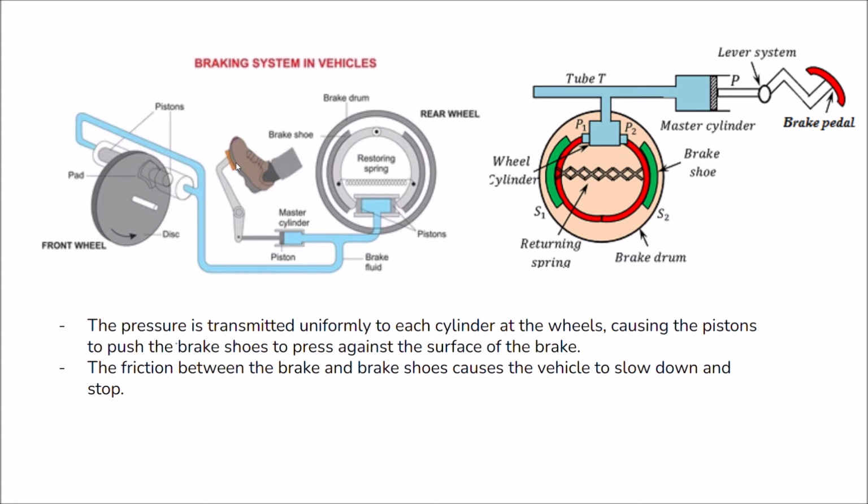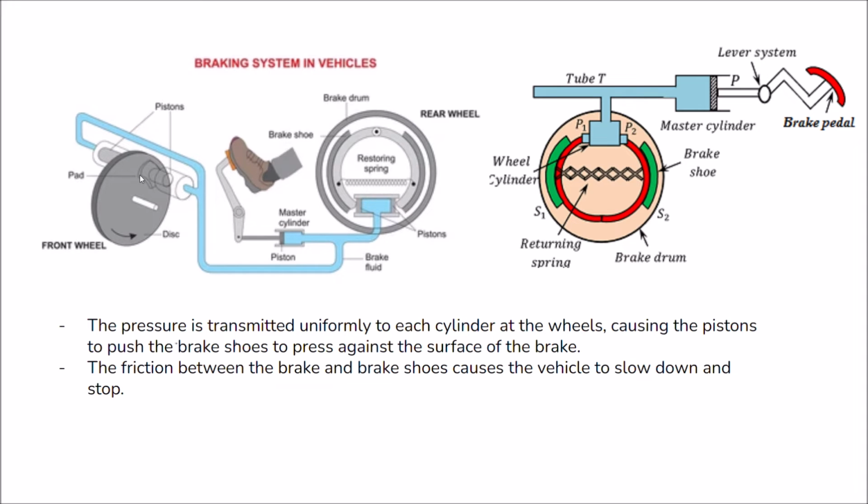As you can see at the front wheel, we have the disc brake. When the pressure is transmitted, it will produce a force and the brake pad will push and press against the brake disc. This friction will cause the disc brake to reduce and eventually stop its motion.